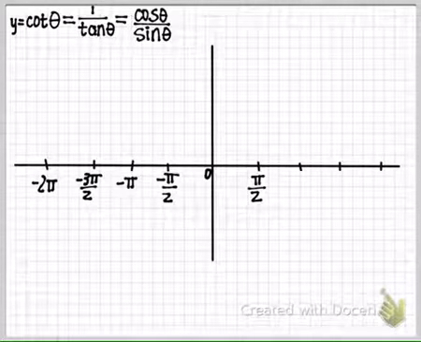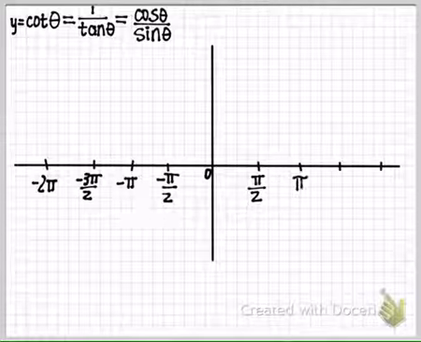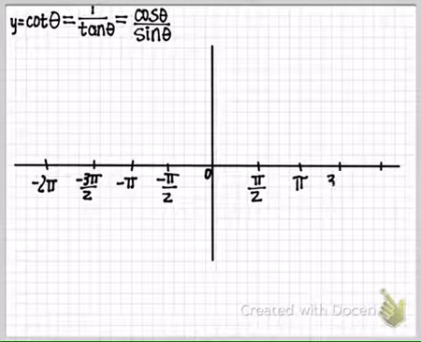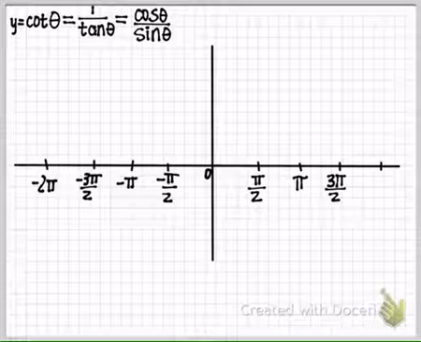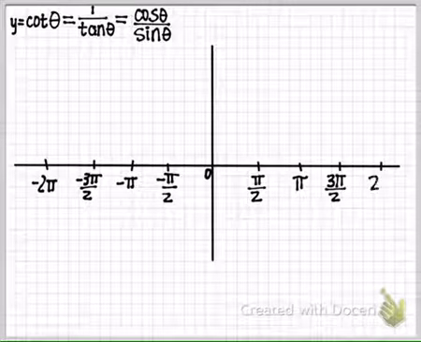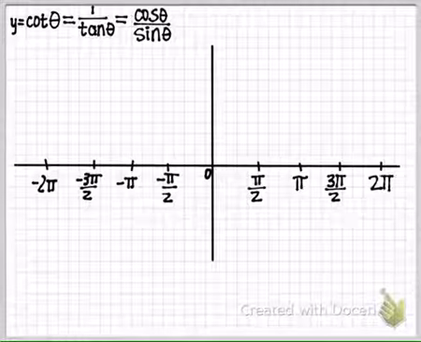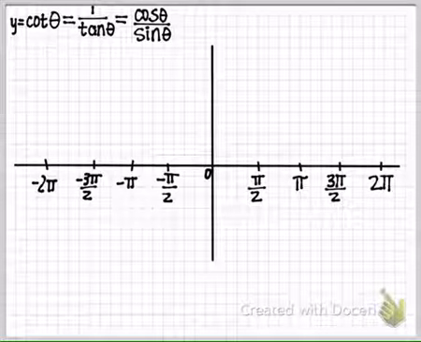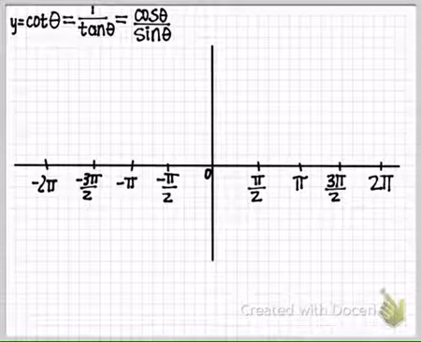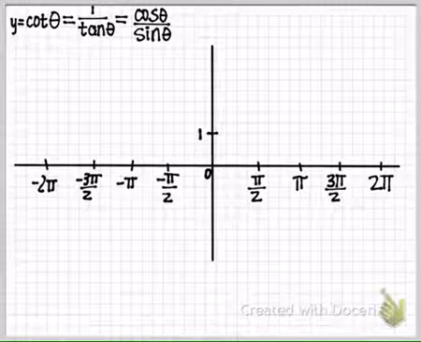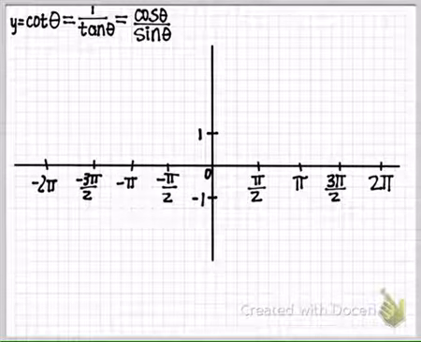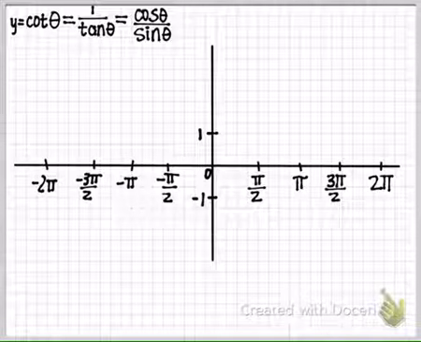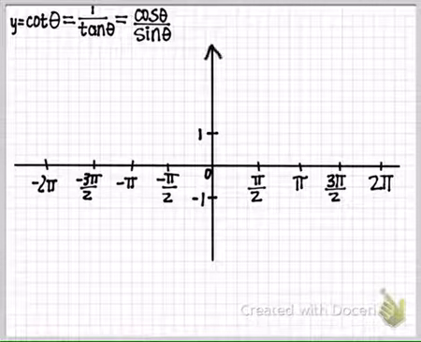Now, based on the ratio that we know cotangent to be, you should be able to figure out where cotangent has a 0 or an x-intercept and where cotangent has an asymptote. What can you tell me? Where does cotangent equal 0?